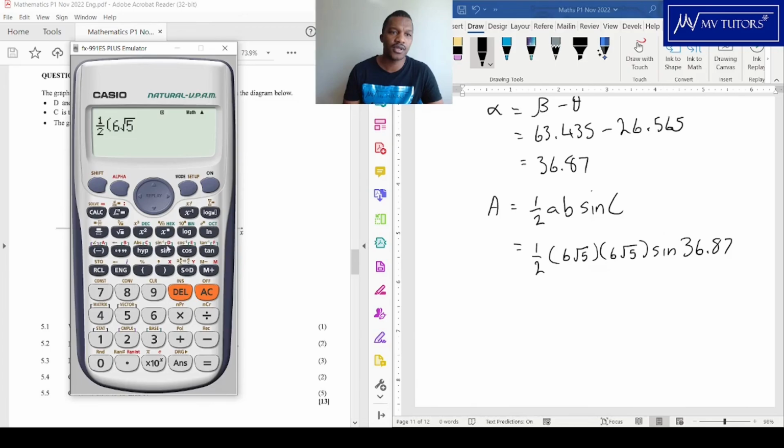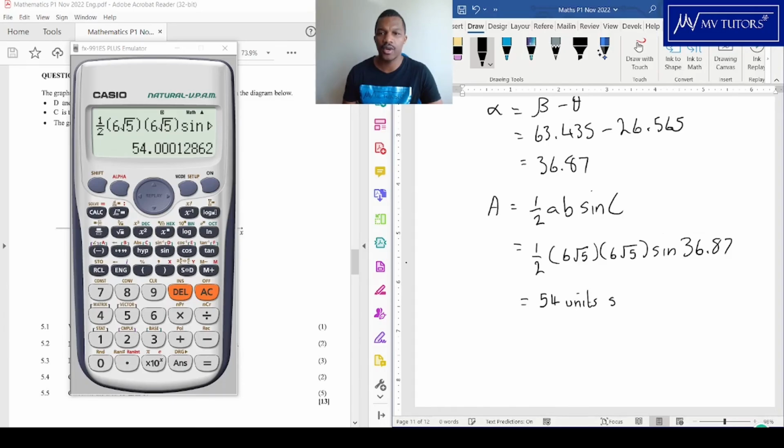Oh, no. What am I doing? Close it. Now open another one. And let's put 6 square root of 5 again. Go to the side, close it, and then it's sine 36.87. Close it. So that equals 54. That's the area, units squared.